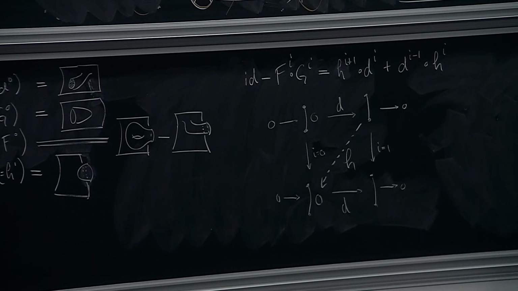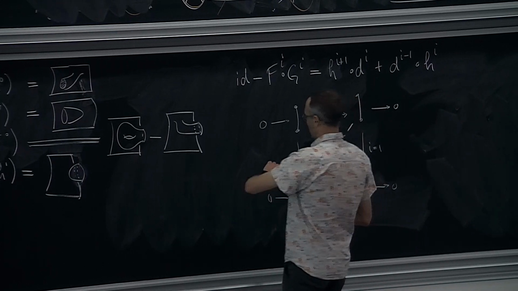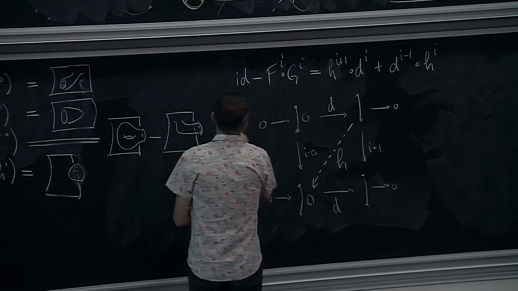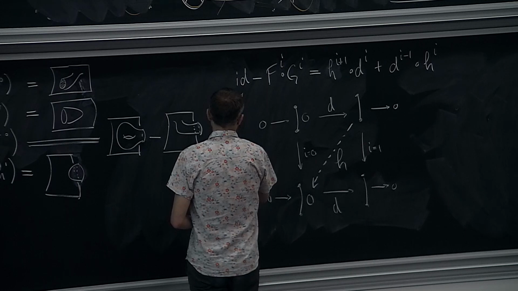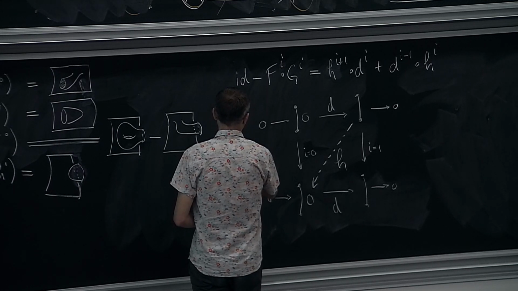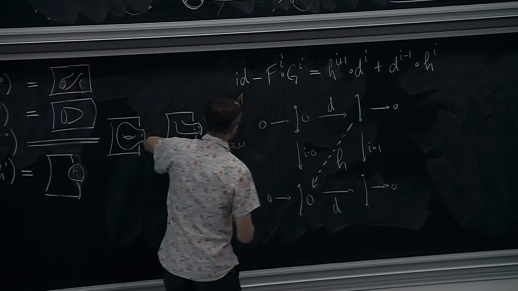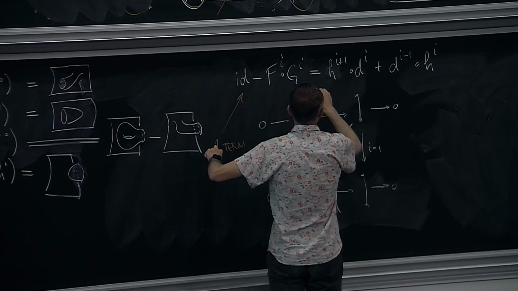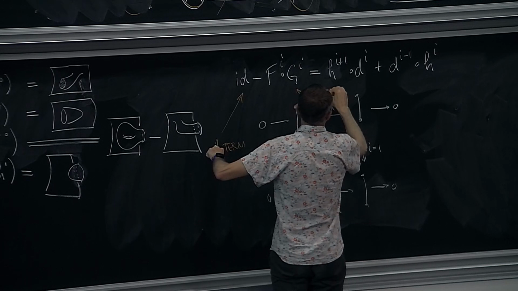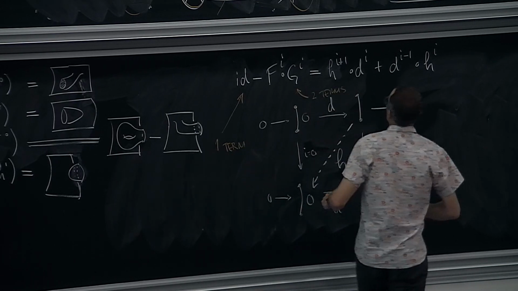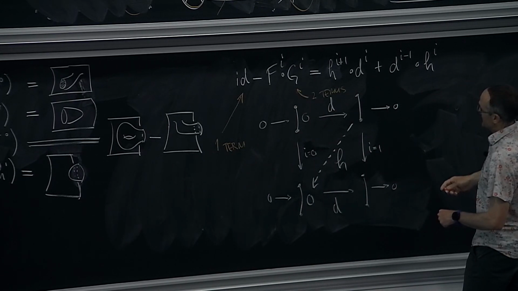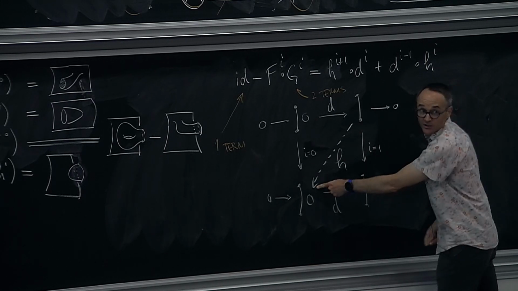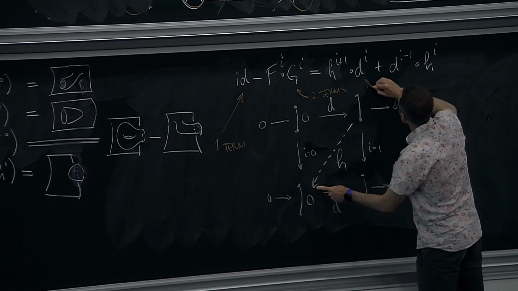And what's going to happen? Here's what we'll do in the exercise. We'll see that this has one term. This is now going to impact to give two terms. Doing D and then H is something, so this will have one term.